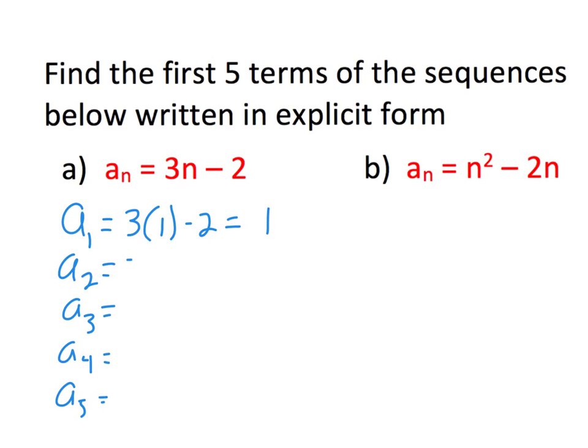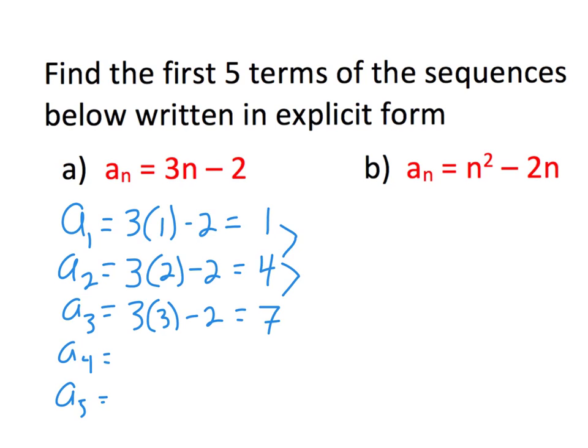If I wanted to find the second term, sub in 2 for n, and what we'll get is 4. To find the third term, we'd sub in 3, and we get 7. And notice at this stage, you can kind of notice a pattern. It looks like we're increasing by 3 every time, but let's just make sure. If I want to find the fourth term, sub in 4, we get 10.